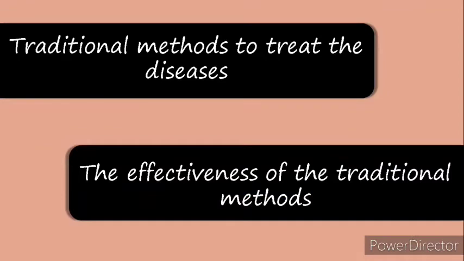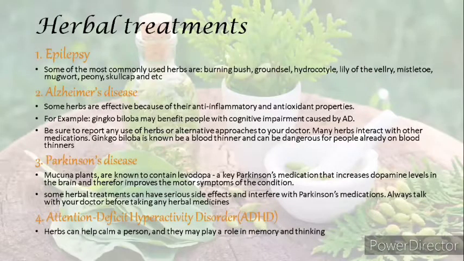Now let me introduce the traditional methods to treat these diseases and the effectiveness of the traditional methods. The first traditional method is herbal treatments. To treat epilepsy, some of the most commonly used herbs are burning bush, groundsel, hydrocotyl, lily of the valley, myrtle, mugwort, peony, skullcap, and so on.